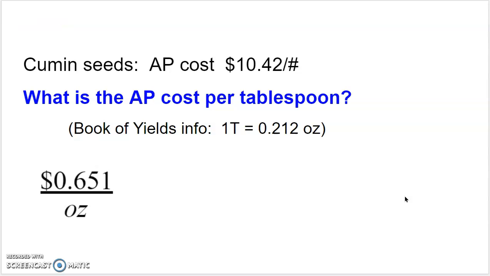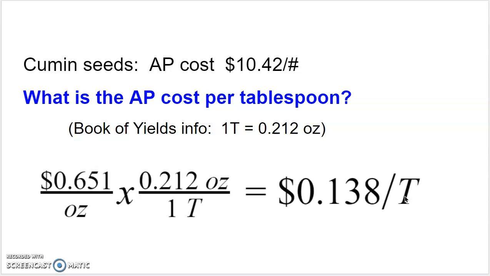So we start out with the $0.651 per ounce that we had calculated before, multiply by the Book of Yields information, the 0.212 ounces per tablespoon, and then we get $0.138 per tablespoon.